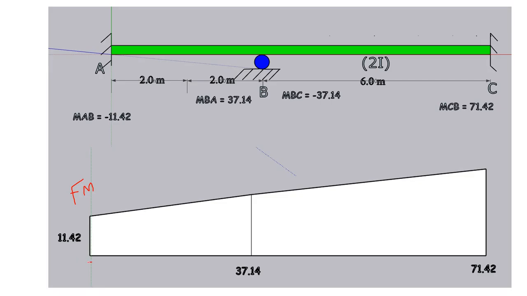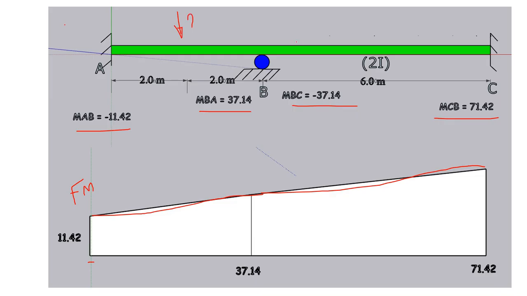Here at this location negative is upwards, and at this location positive is upwards. So you join them with a straight line. Then here it is 71.42, you join them with a straight line. So this is due to the MAB, MBA, MBC and MCB.